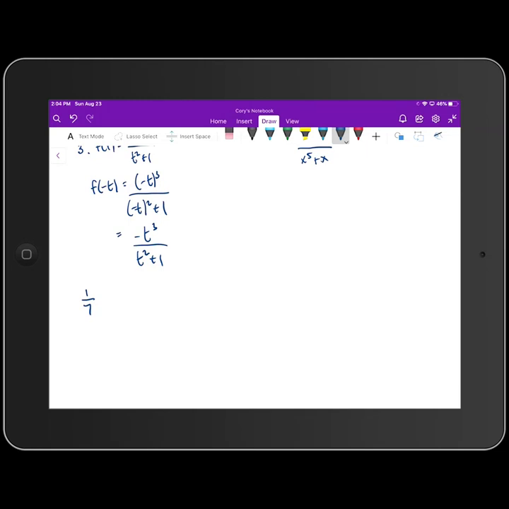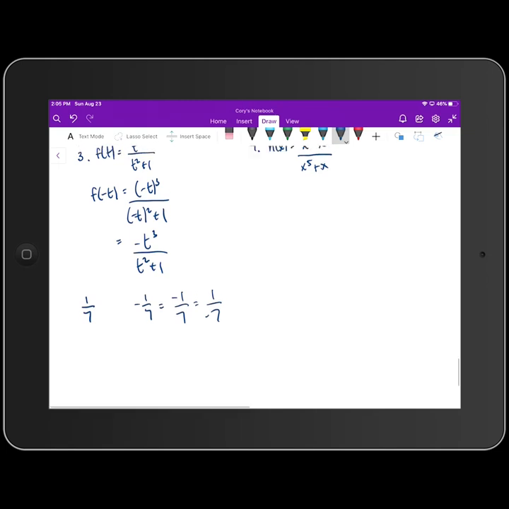What is the opposite of 1/7? The opposite of 1/7 is negative 1/7. What are the 2 ways that we can write negative 1/7? Well, the 2 ways are negative 1 over positive 7 or 1 over negative 7.